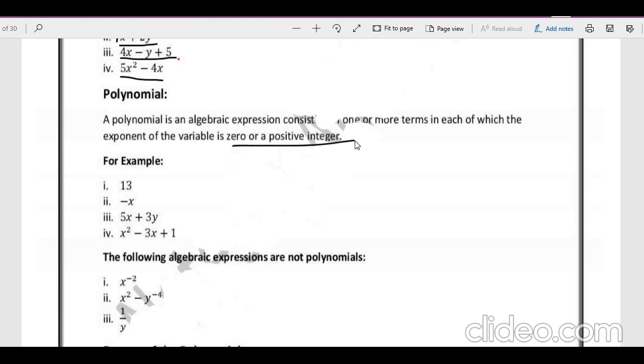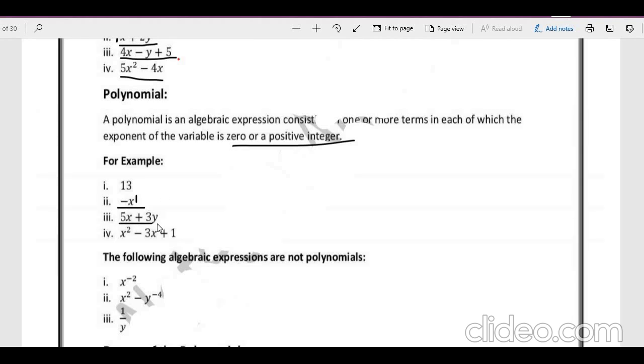For example, minus x: x is a variable, and its exponent is 1, a positive integer, so minus x is a polynomial.